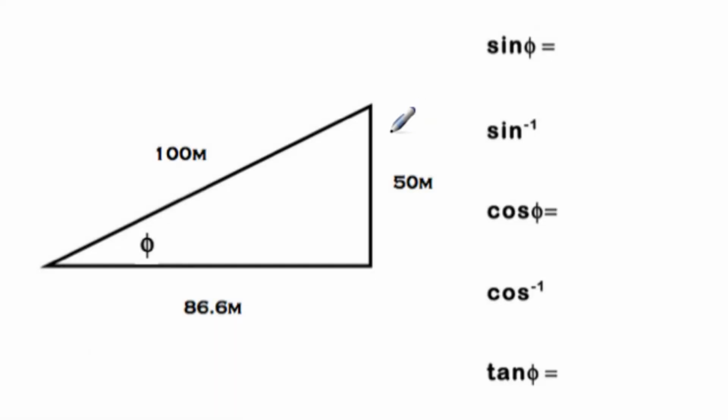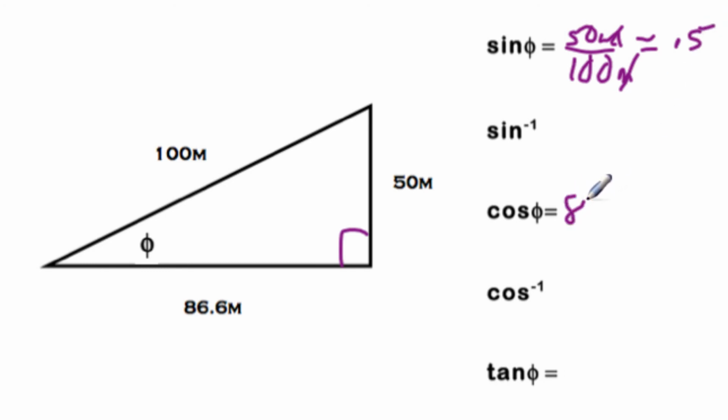Supposing instead that you know the sides of the right triangle and you want to figure out what the angle is. Well, you could do it by knowing the sine, the cosine, or the tangent. In this case, the sine is going to be equal to 50 meters over 100 meters. Notice that the units meters cancel, and we get 0.5. The cosine would have been the adjacent 86.6 meters over the hypotenuse, 100 meters.